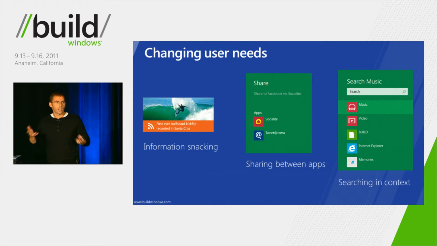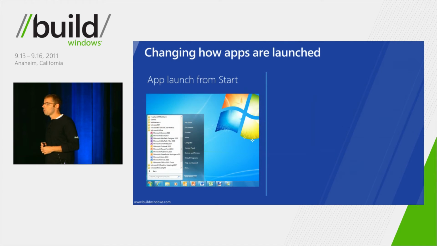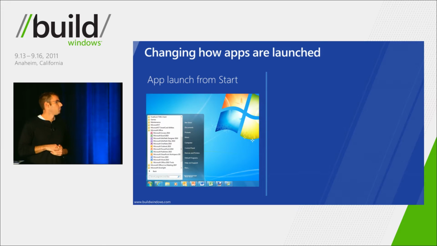Then there's the sharing scenario, where users like to share between applications, which helped motivate making sharing a first-class construct in the system. And of course, searching is incredibly popular, and performing in-context searches as a first-class citizen was very important for us as well.